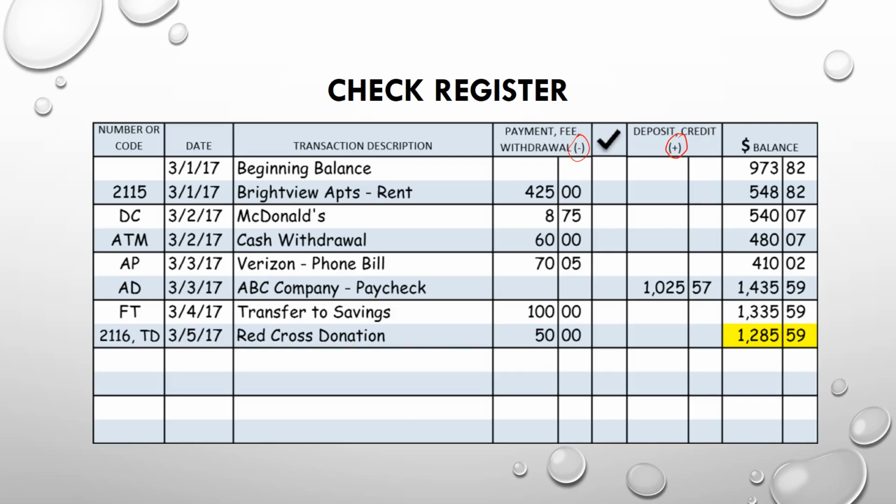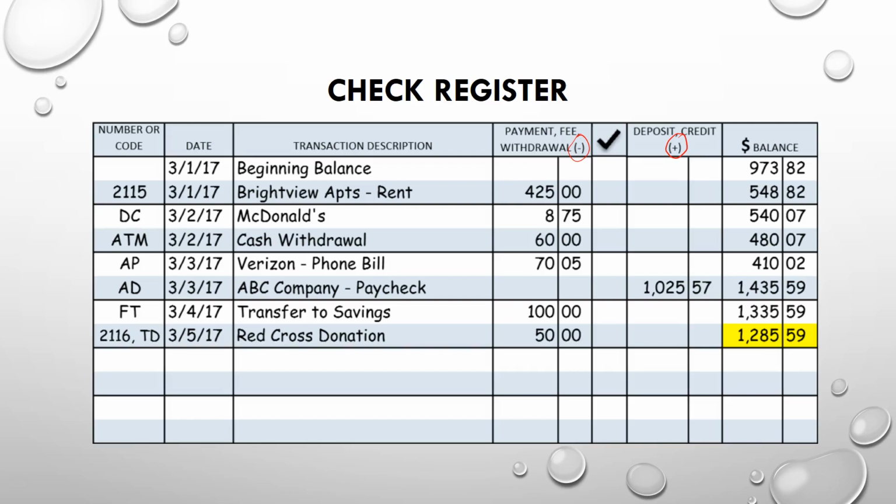All right. So a lot of people, back in the day, were very religious about filling these check registers out. They wanted to know exactly how much money was in their account at all times. And really, it used to be, before the advent of online banking, that this was really the only way you knew how much money you had in your account.